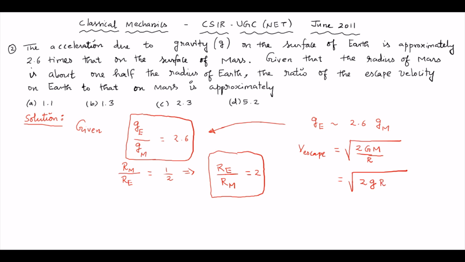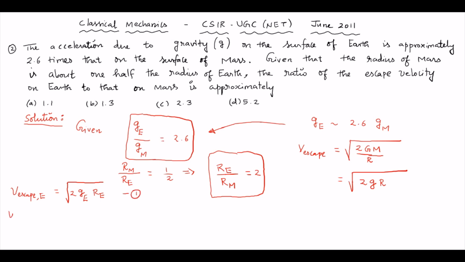Now let us calculate the escape velocity of planet Earth. This is equal to the square root of 2 into g of Earth and the radius of the Earth. Call this equation number 1.